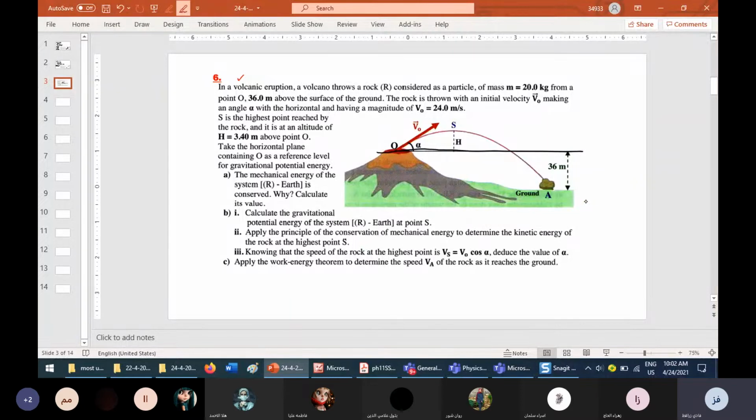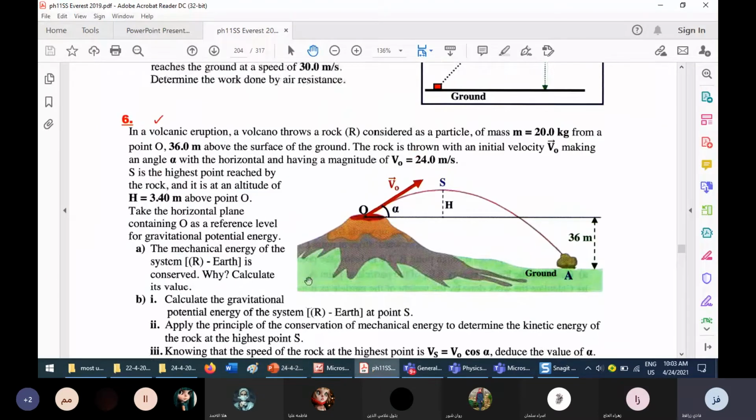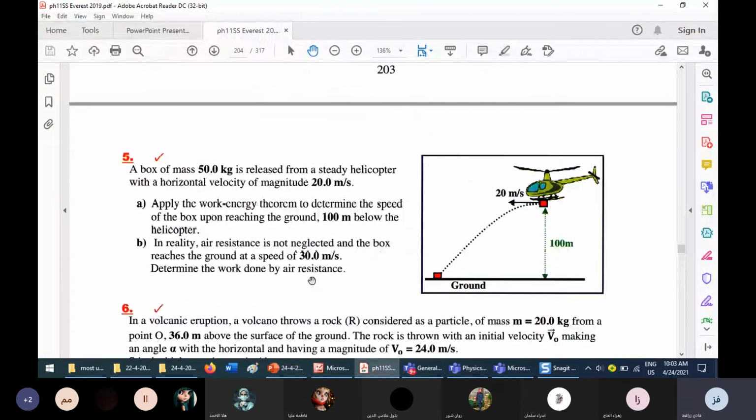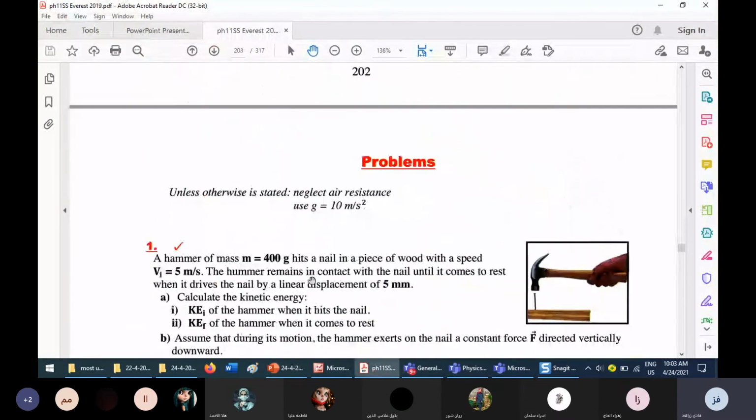Part A: you said the mechanical energy of the system is conserved. Why? Who can calculate its value? I forgot to remind you what it says at the top of all the questions: unless otherwise stated, neglect air resistance.